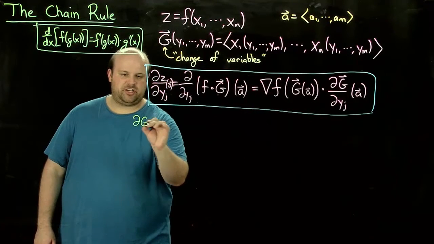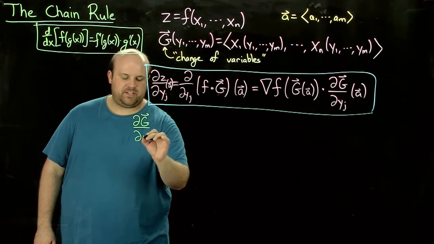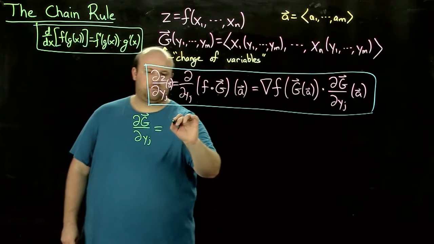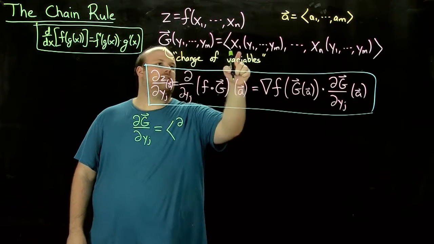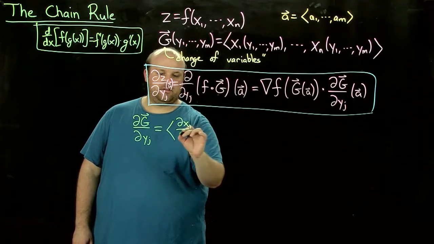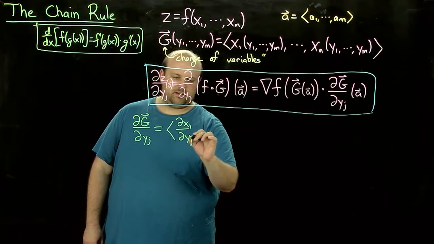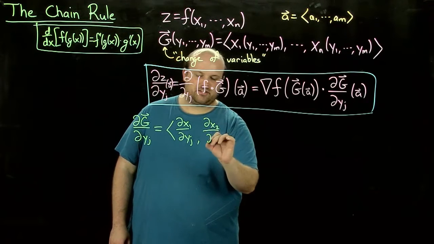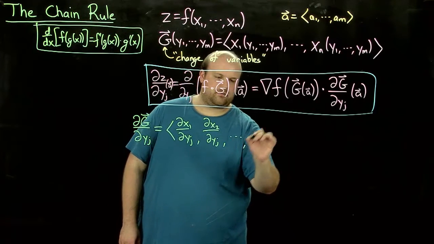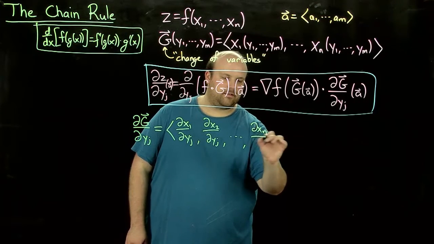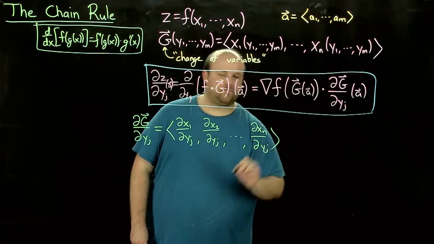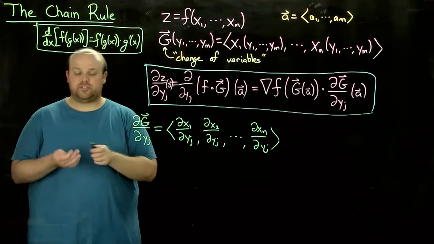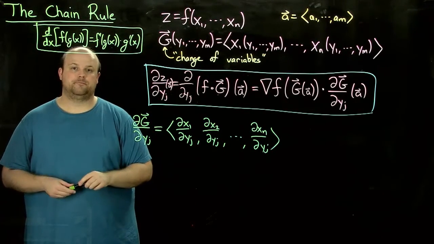So dg dyj, all this is we're going to take the derivative of this function x1 with respect to yj, and then x2 with respect to yj, and so on, all the way up to xn with respect to yj. Right, because remember, g is telling us x1 through xn are functions of the y variables.